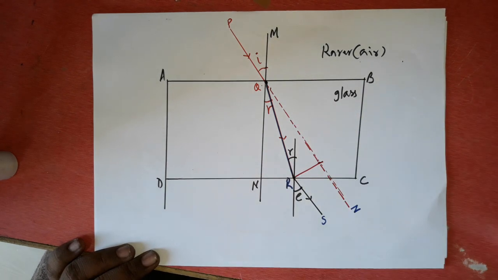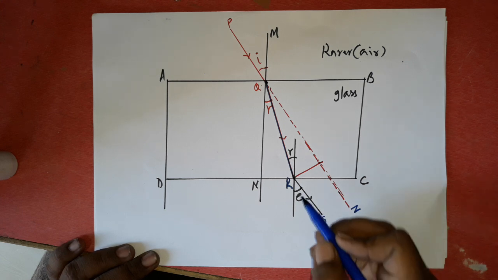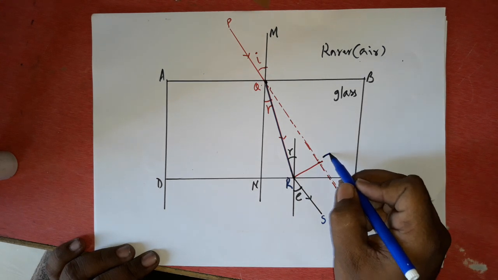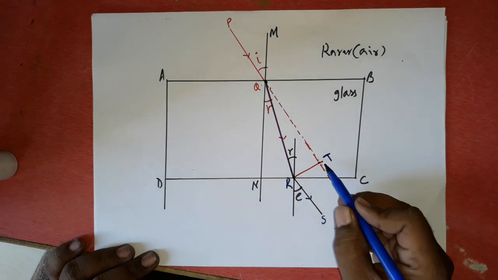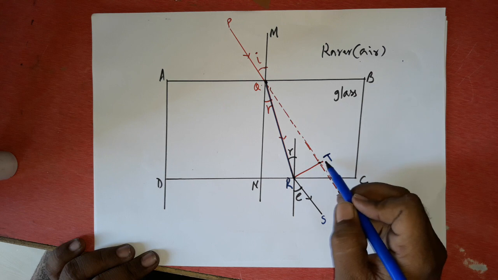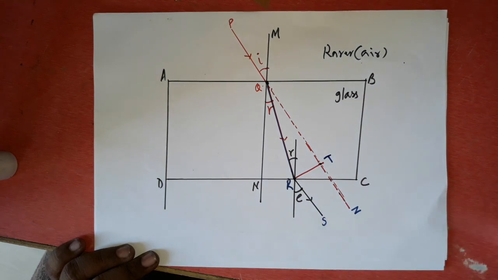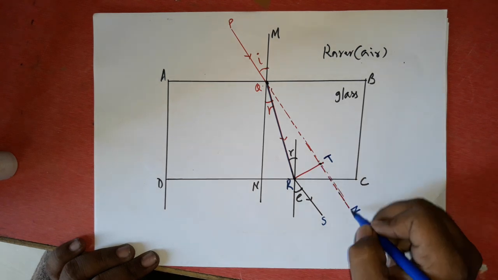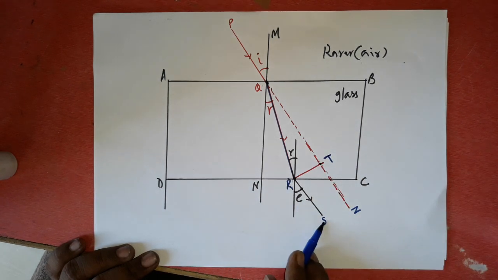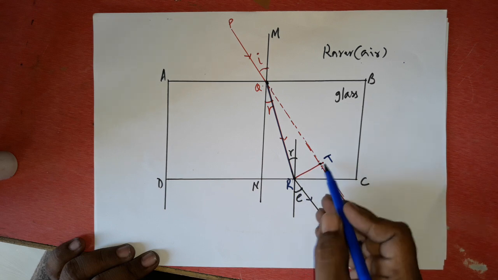It means the incident ray is shifted from this position to this position. Let us call this T. RT is the perpendicular distance between the incident ray and the emergent ray.